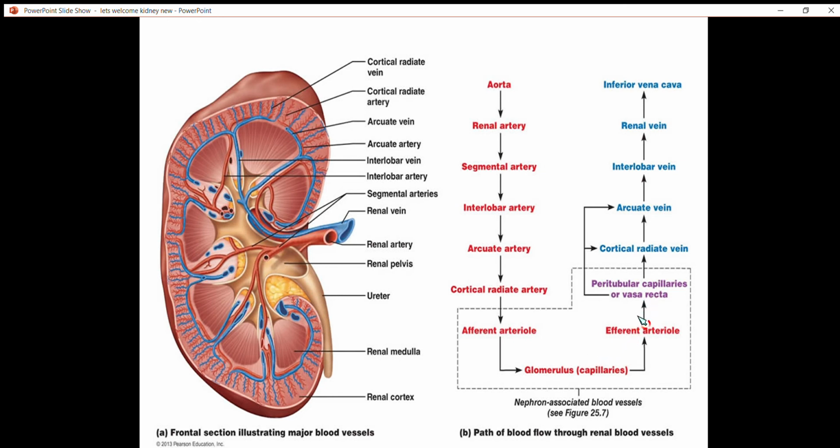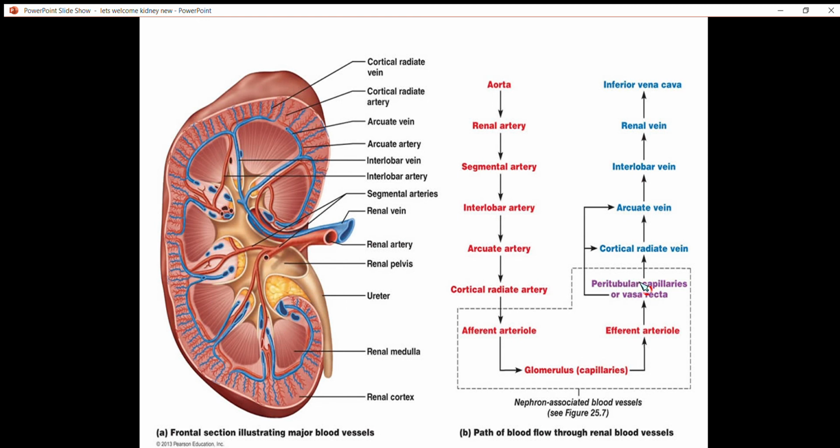And the efferent arteriole is going to convert into the peritubular capillary network. In those nephrons known as the juxtamedullary nephrons, very close to the nephron, we have another name for the capillary, which is known as the vasa recta.